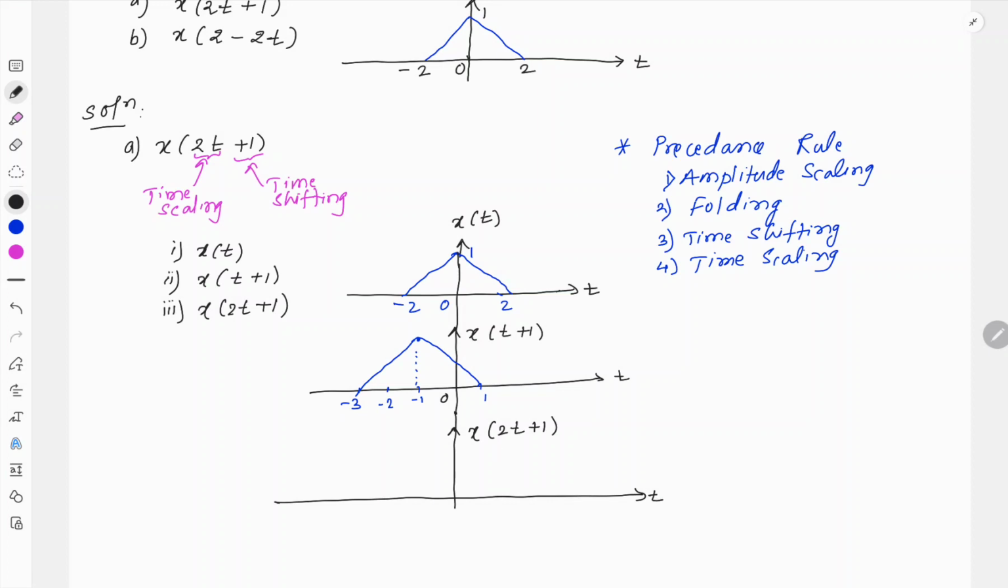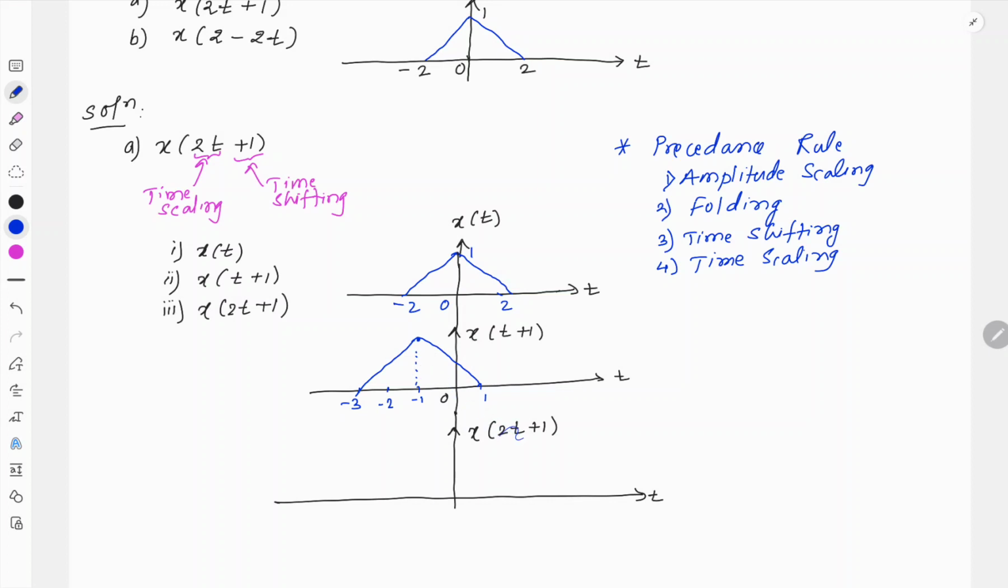Remember here, whenever we are going to draw x of 2t plus 1, we need to check its previous version, which is x of t plus 1. Here we have already covered the first operation, which is time shifting. Now only in this signal we are going to do time scaling.